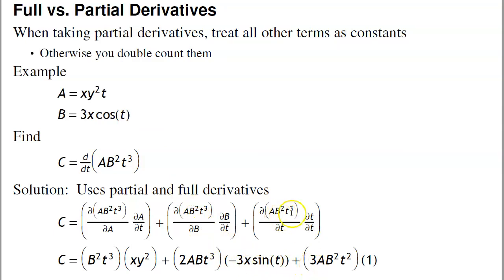Plus the partial with respect to t gives you 3ab squared t squared, and the partial of t with respect to t is just 1. So this is the full derivative of that. Notice the partial derivatives are part of a full derivative.